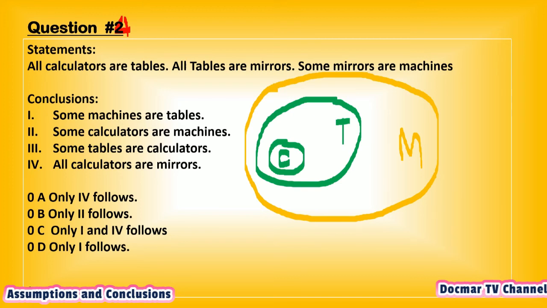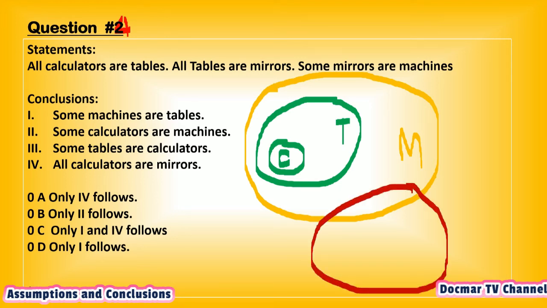And some mirrors are machines. This is machines and this is mirrors. Do you understand? All calculators are tables. This is the calculators and this is the big circle of tables.